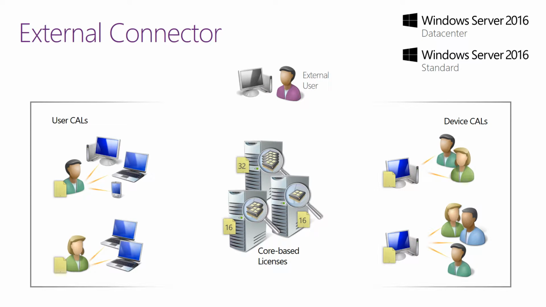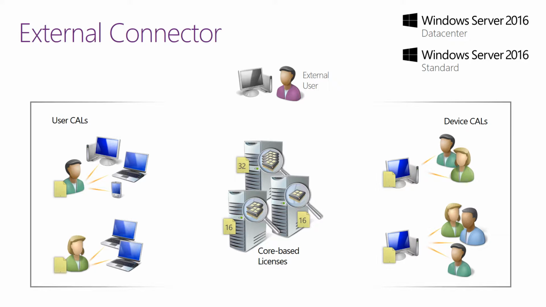Windows Server 2008 CALs cannot access the higher level, the Windows Server 2016 server. If there are a large number of external users, then it's likely to be cheaper, and it's certainly easier to manage, to buy an external connector license rather than individual CALs for users or devices. An external connector license is a single license which is assigned to a server to allow access to that server for external users.